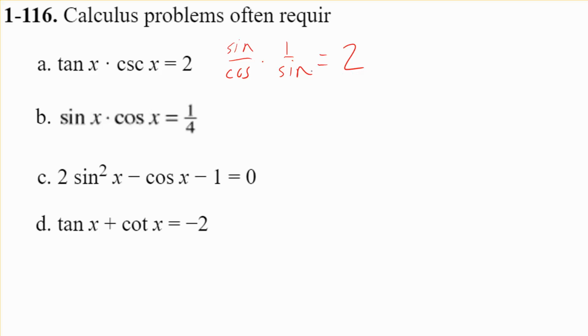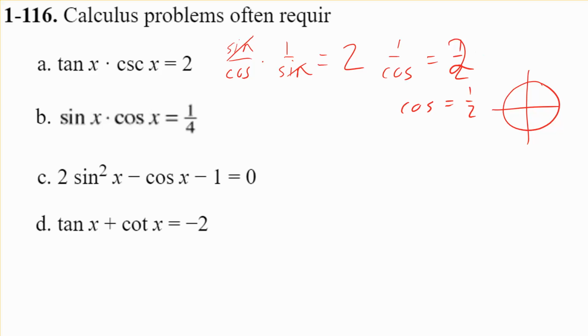If that's equal to 2, we end up with 1 over cosine equal to 1 over 2. Equal to 2, sorry, which would be cosine equal to 1 over 2. And when is cosine equal to 1/2? That's going to be here at pi over 3 and 5 pi over 3 plus all of our 2 pi n's, of course.